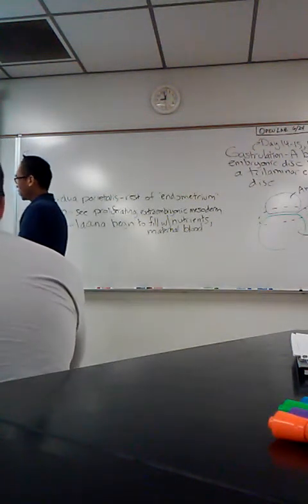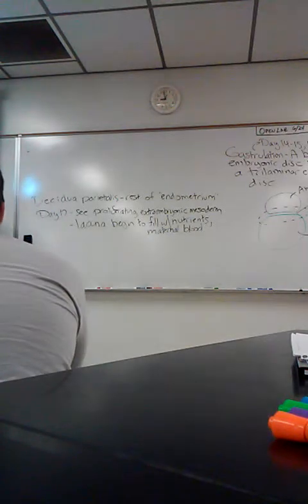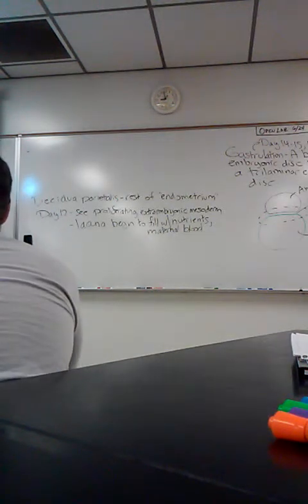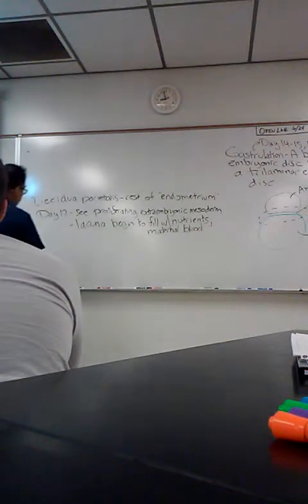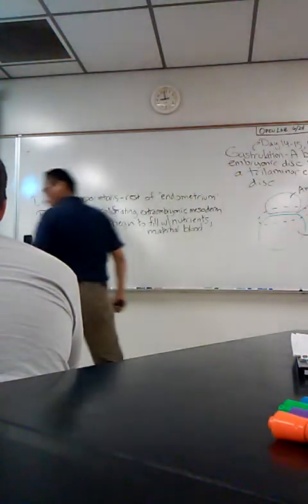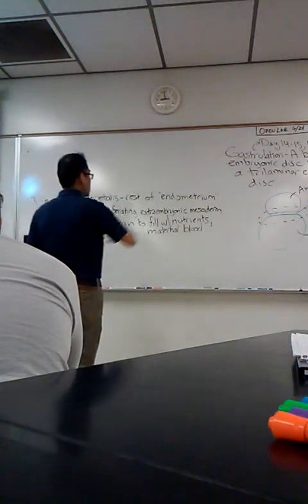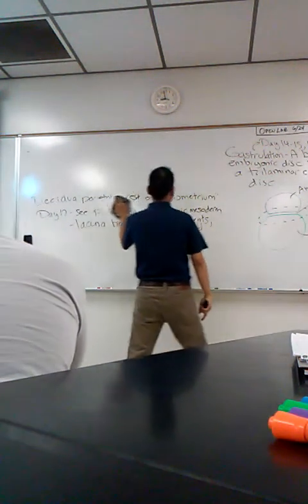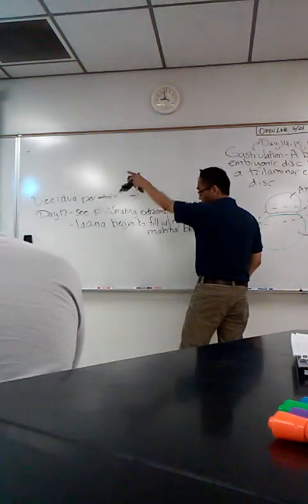The epiblast cells at around days 14, 15, cells will migrate into the primitive streak and dive down into it, as shown. So this is describing gastrulation. I'm just going to continue it up over here.